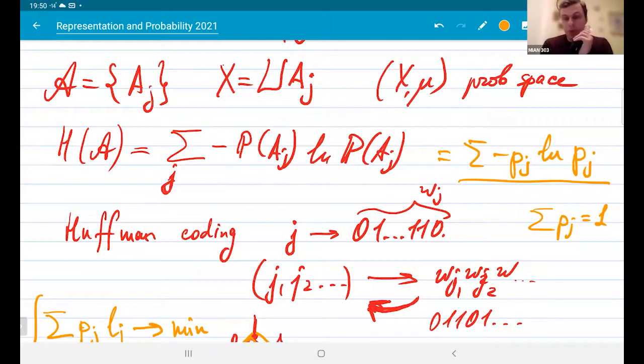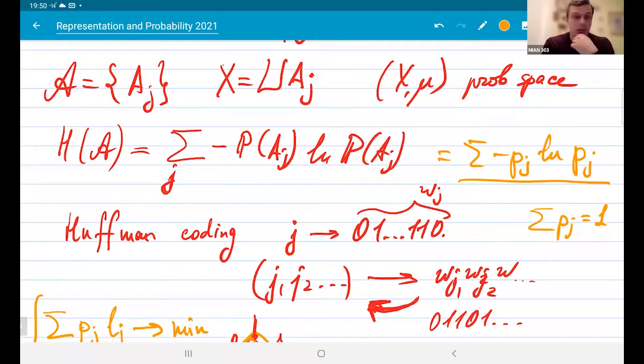So why is this important? This means that there exists one choice of this probability that is dynamically specific, that corresponds to the maximal entropy.